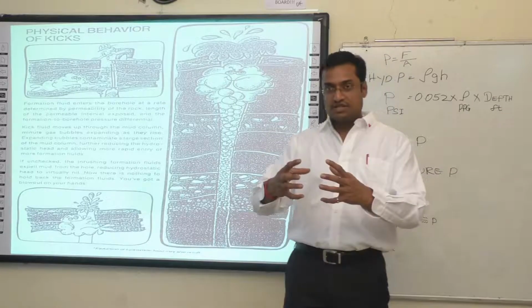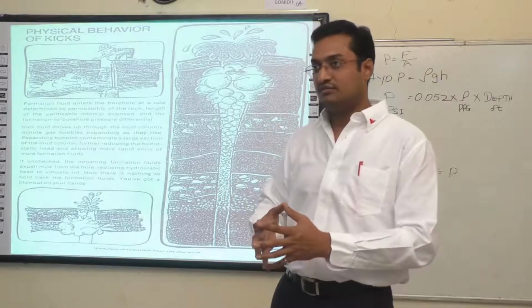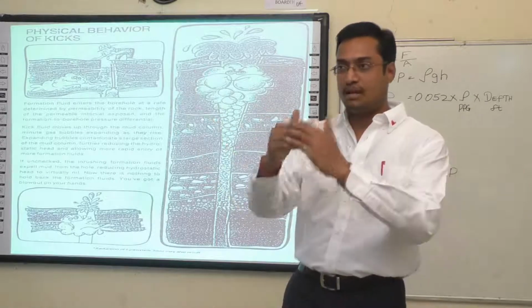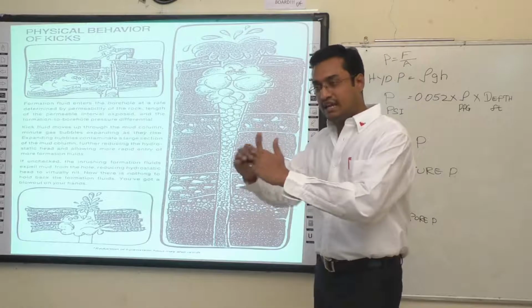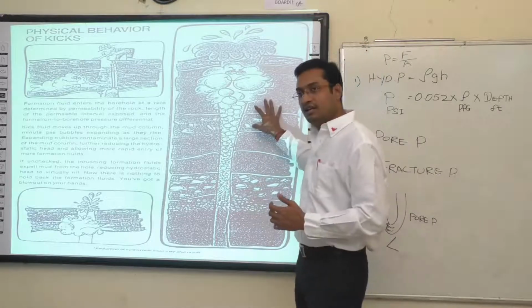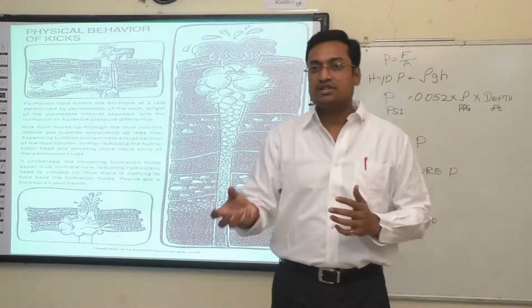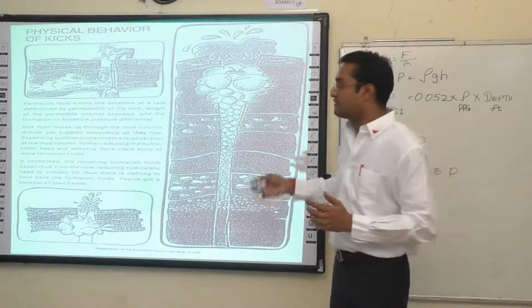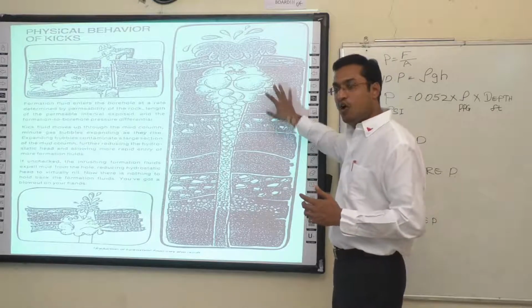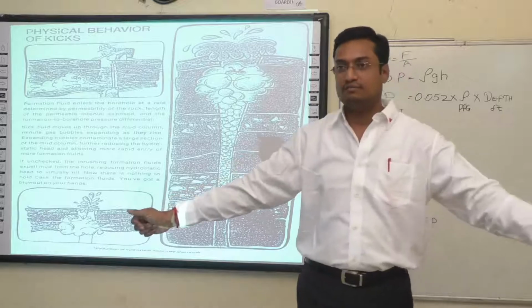When the kick happens, it is because of an underbalance condition. Whatever the reason, it is an underbalance condition, and a kick has happened. But once the kick has happened, the intensity of the kick depends on the rock characteristics, how well it is connected with the formation below and above.